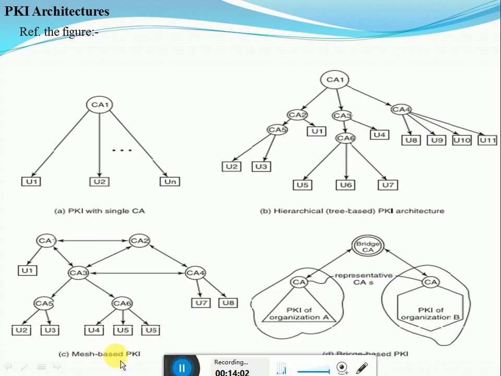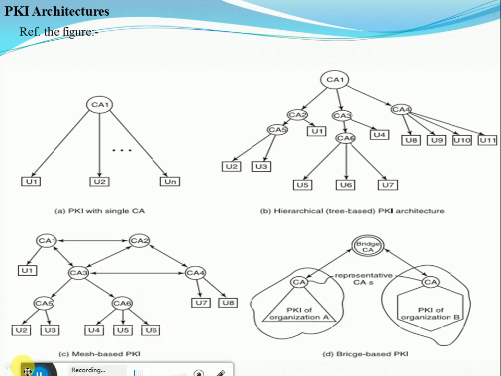One more bigger advantage of this mesh based PKI is that these multiple paths between CAs provide greater resilience in the event when one or more of these certifying authorities are compromised.